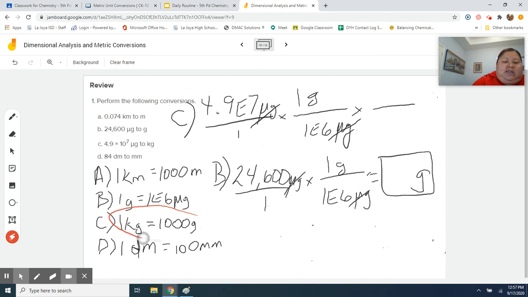Now, I have grams right now on top. I need this second one right here for letter C. Where does grams need to go to get canceled? In the bottom. Excellent. Okay, 1 kilogram. All right, so now what do I do here? Opposite, opposite, opposite. What does opposite mean?